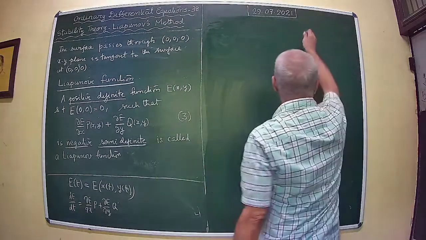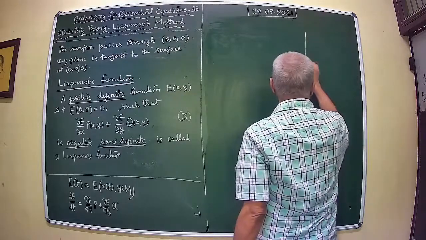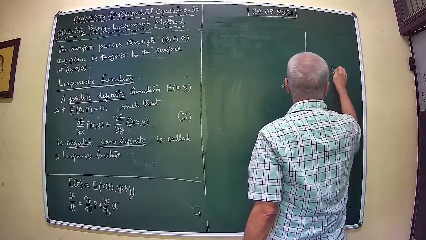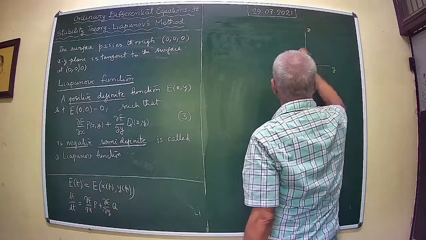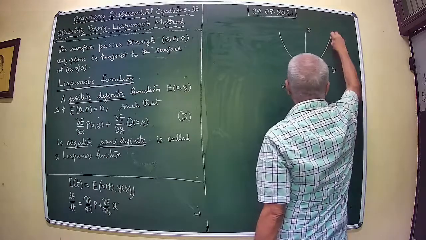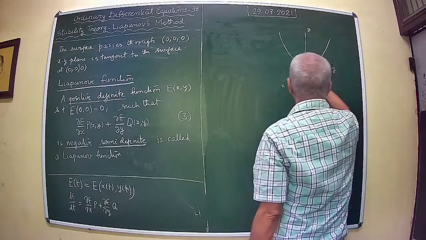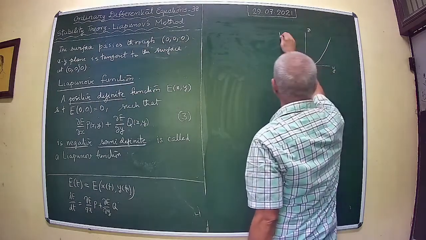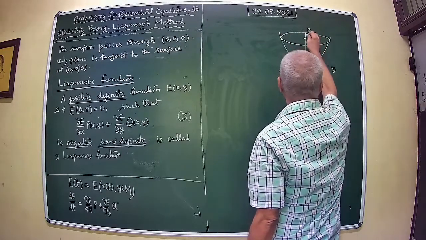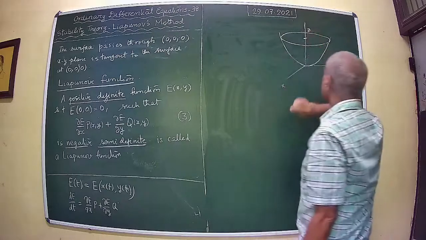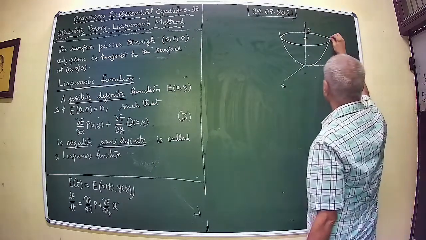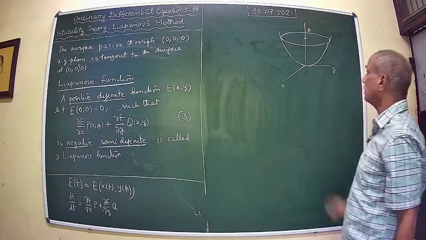So let us take the xyz space. Then you have a bowl like this. This is the shape of the surface.